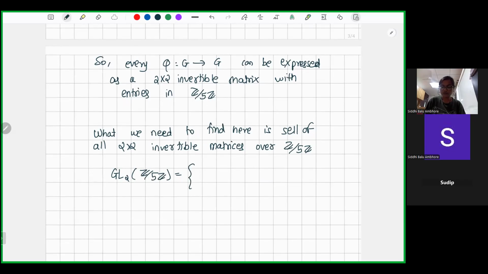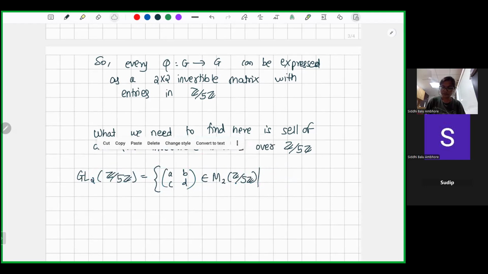This is all matrices (a, b, c, d) in M2 such that the determinant will be non-zero, or we can say that this is invertible.